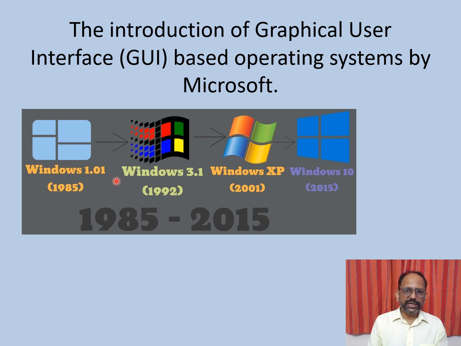What is the difference between CUI and GUI? In the CUI, there was no graphics present. Every activity was rendered by the computer, which was given instruction by the user in the form of characters, in the form of commands.